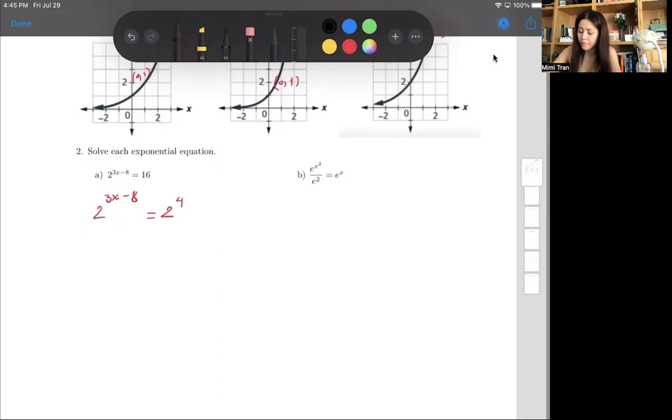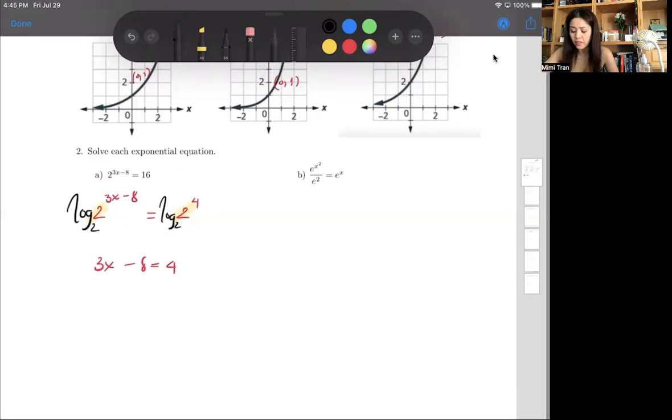Now, behind the scenes, the reason you cancel the 2 here and set 3x minus 8 equal to 4 is that you take log base 2 of both sides. It's kind of like taking the square root of both sides. Does it make sense?